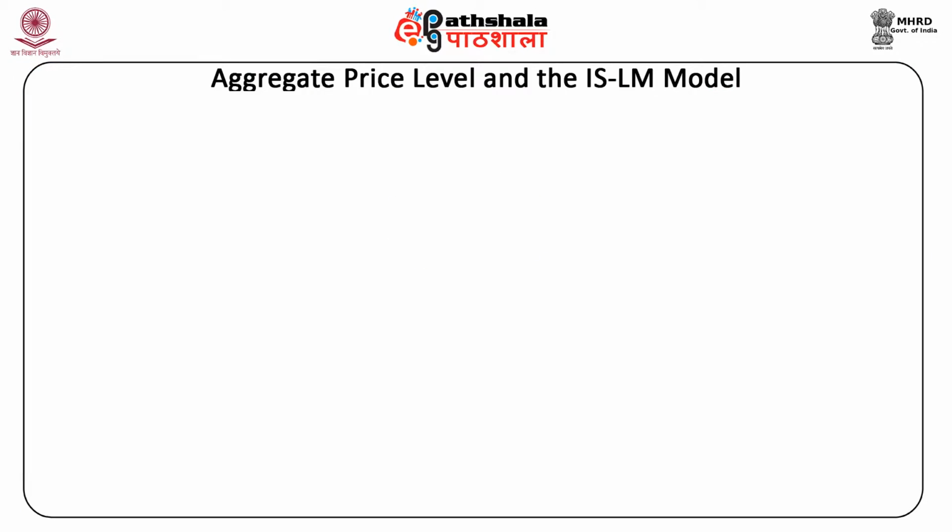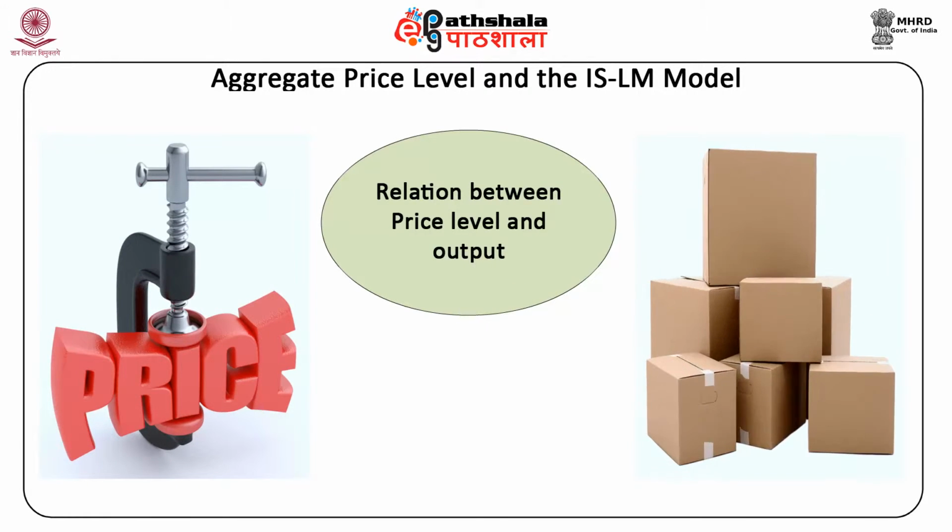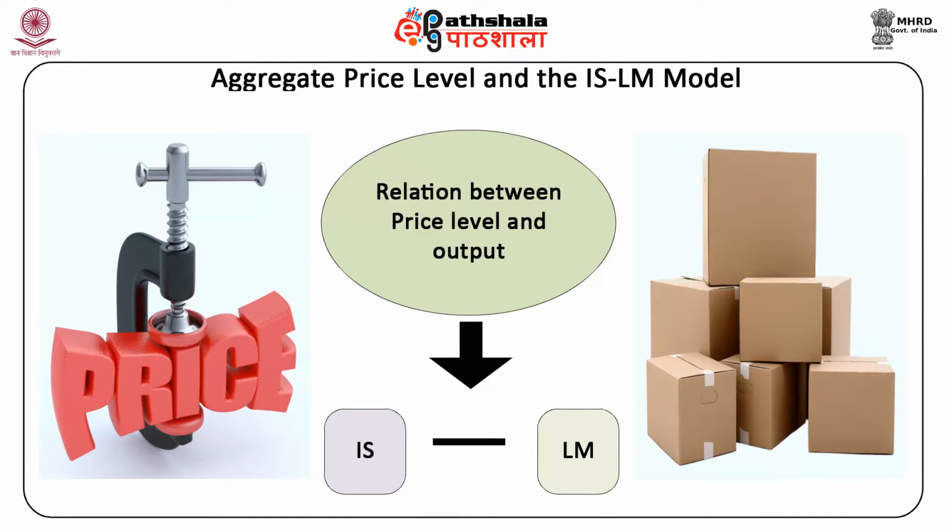To understand the relation between aggregate price level and output, we will use the ISLM framework that was introduced in the previous modules. Can you recall, students, what was the role of prices in the ISLM framework?